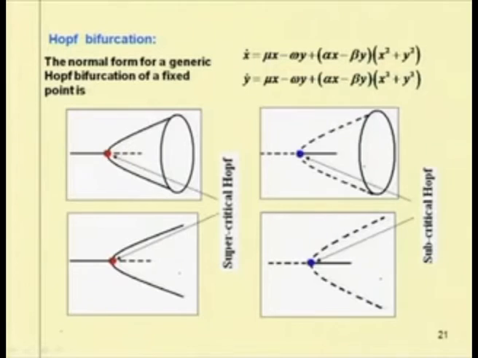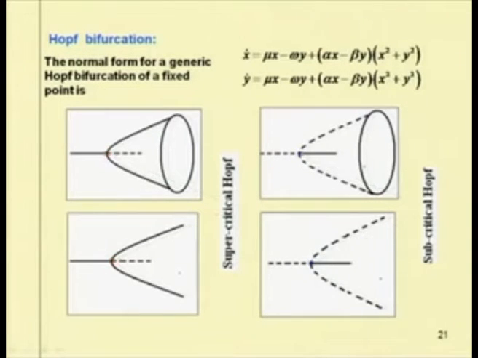Similarly, one can have this Hopf bifurcation, in which the fixed point response becomes a periodic response after the bifurcation. So, if from a stable trivial response it becomes a stable periodic response, then this is known as supercritical Hopf bifurcation.